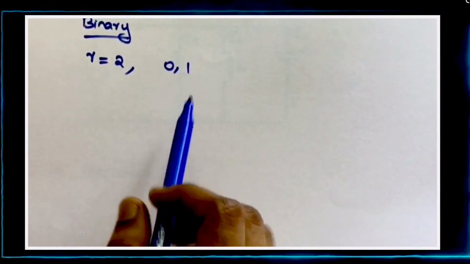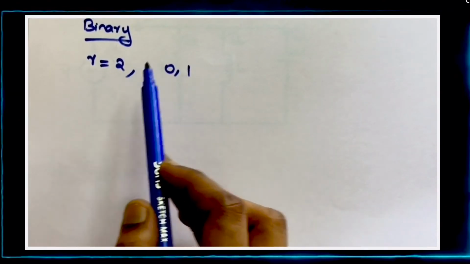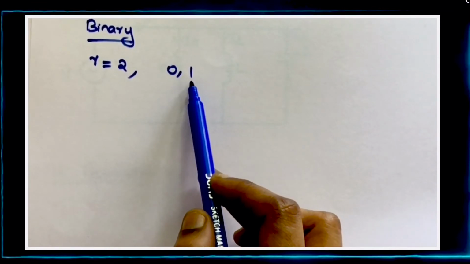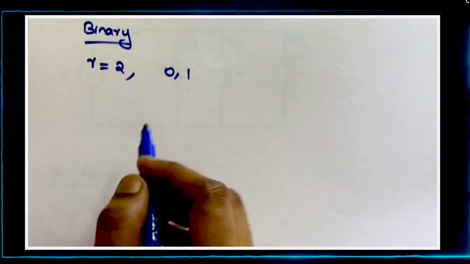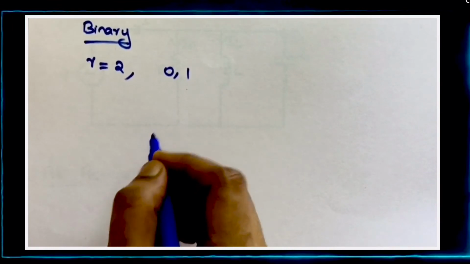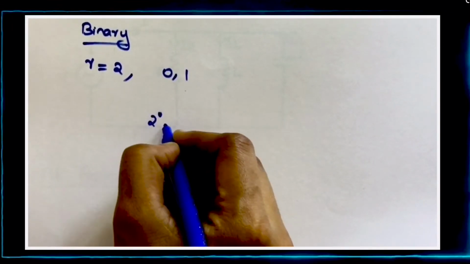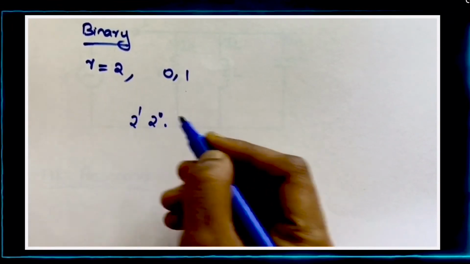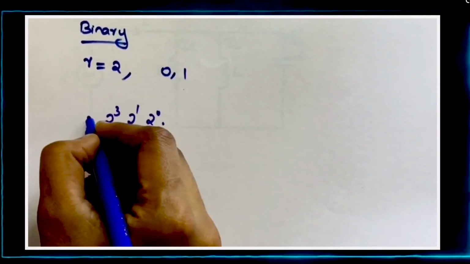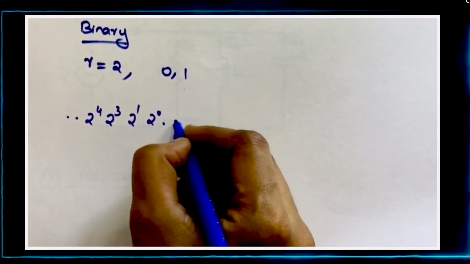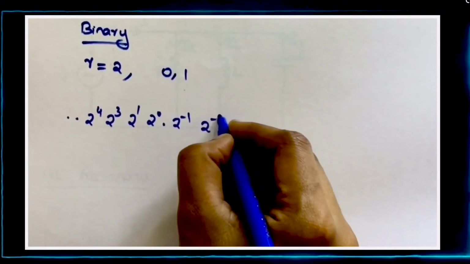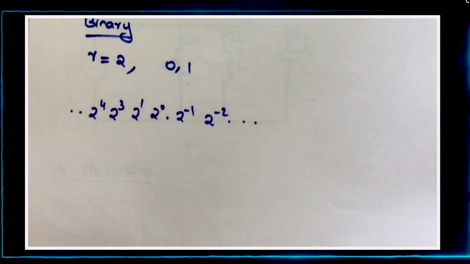For binary, the radix is 2. Hence, we have 2 independent digits, they are 0 and 1. And the place values of each digit in binary number system are 2 raised to 0, that is the digit next to decimal point, 2 raised to 1, 2 raised to 2, 2 raised to 3, etc. 2 raised to minus 1, 2 raised to minus 2, etc.